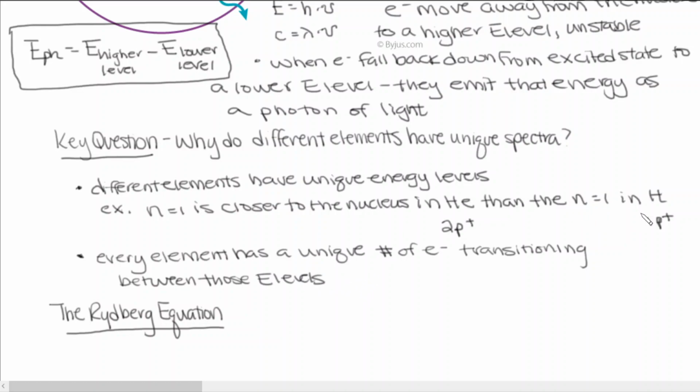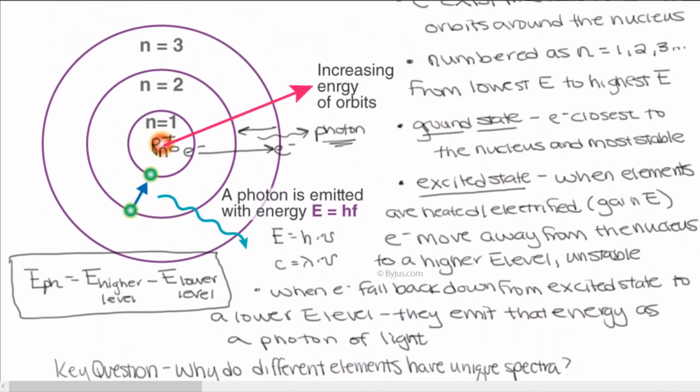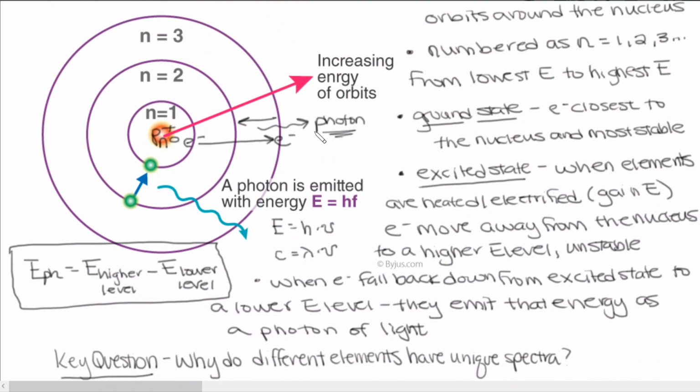So back to my hydrogen and helium example, hydrogen has just one electron making those transitions, and helium has two electrons making those transitions. So you get different amounts of electrons transitioning between different energy levels, and thus you're going to get emissions of different colors of light.